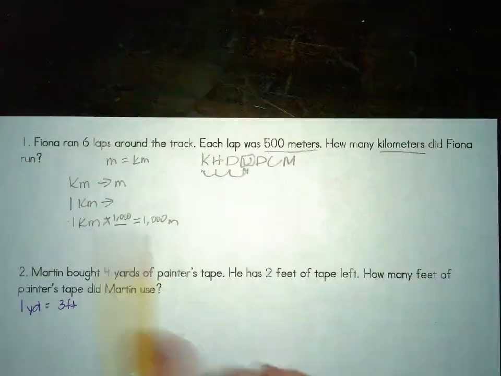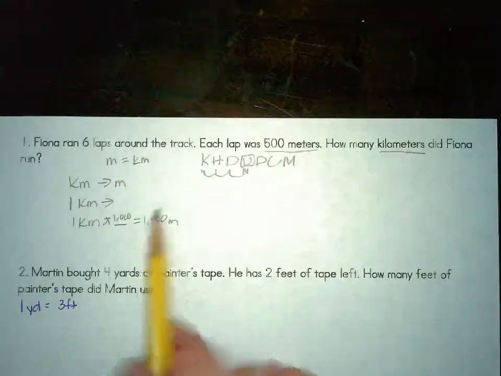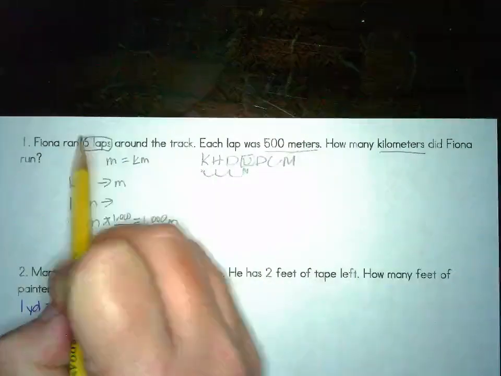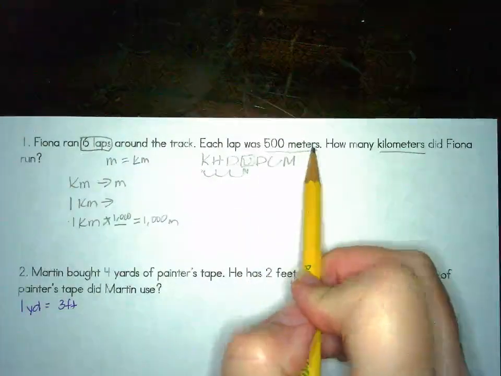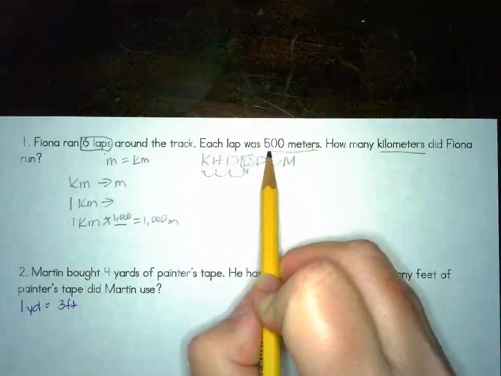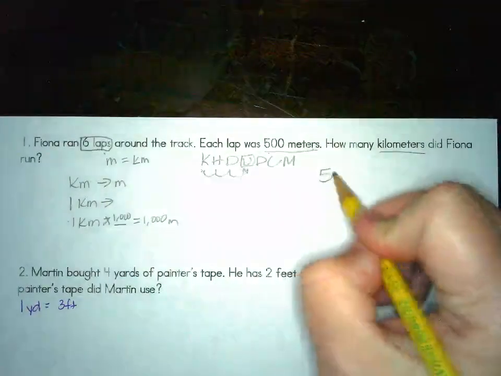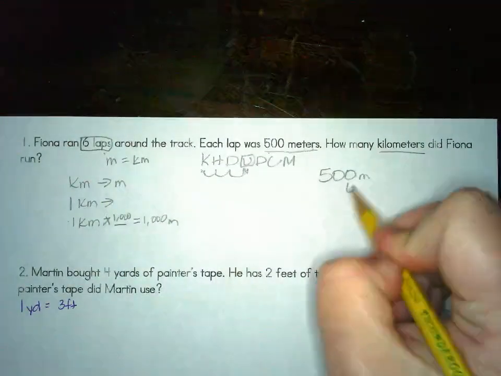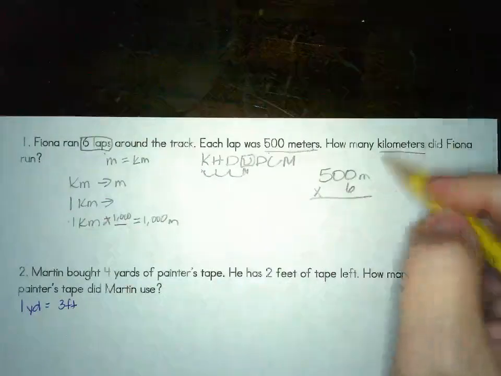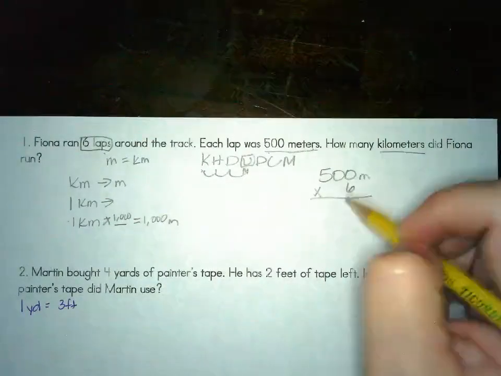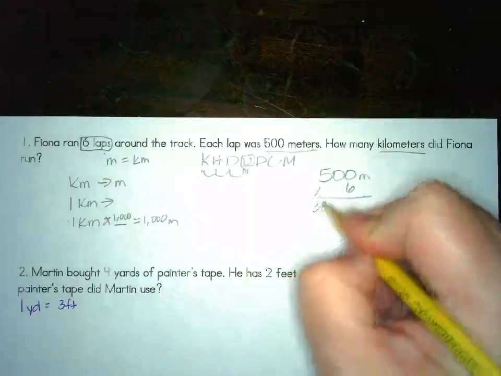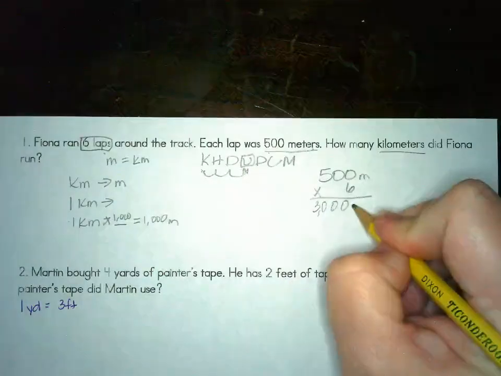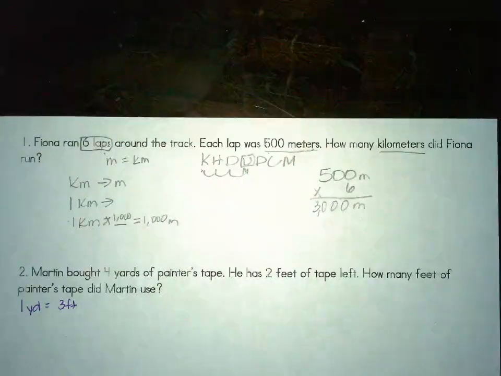Now that I understand that conversion, I need to figure out how many meters she ran. So 6 laps and each one is 500 meters. So I have 500 meters times 6 laps, okay? So that is going to equal 3,000 meters, okay?